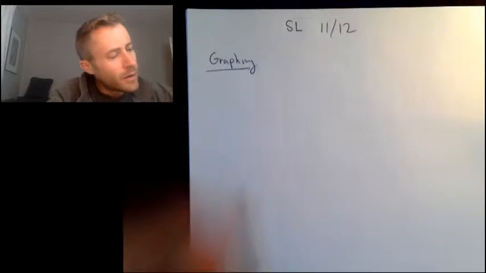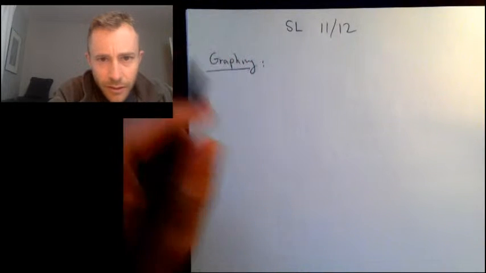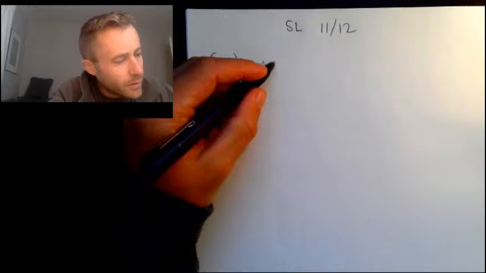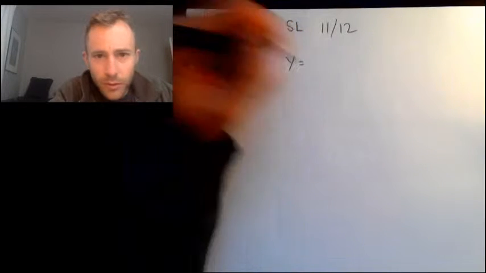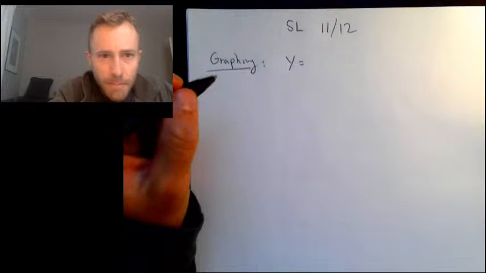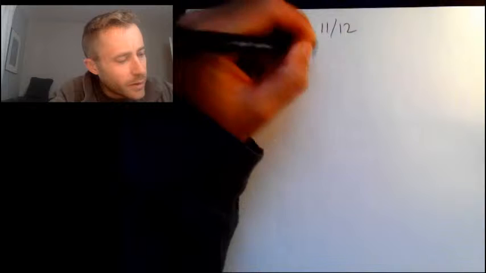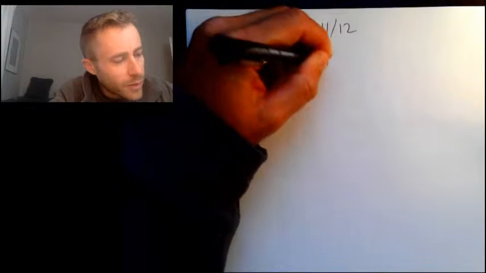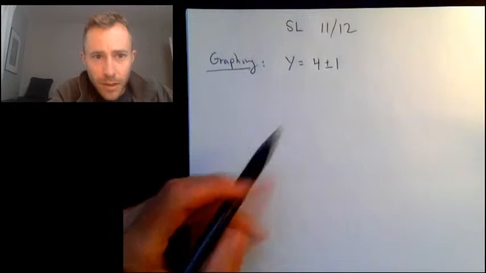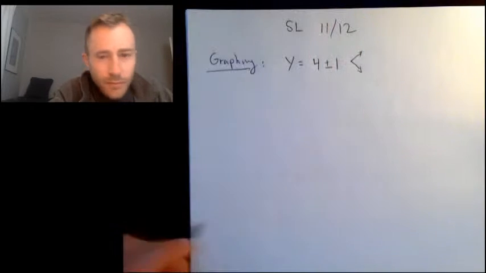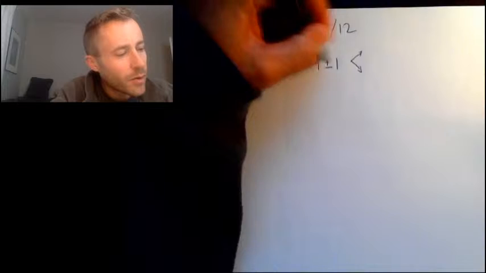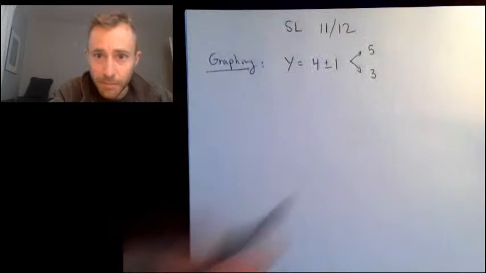The idea is, let's say that y equals 4 plus or minus 1. That means that y is between 4 plus 1, which is 5, and 4 minus 1, which is 3.